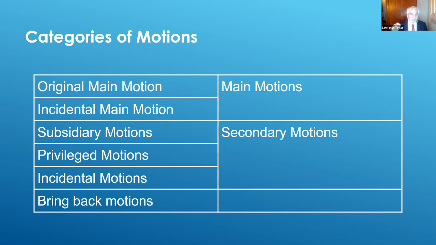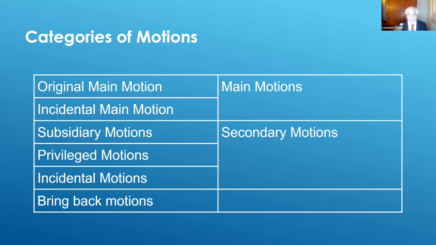Incidental main motions are a class of incidental motions that can be introduced when nothing else is on the floor. Those are the ones we'll be talking about today. If they are introduced independently when nothing else is on the floor, they're handled a little bit differently than if they are introduced when there is business under consideration.